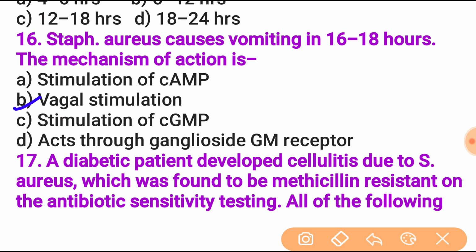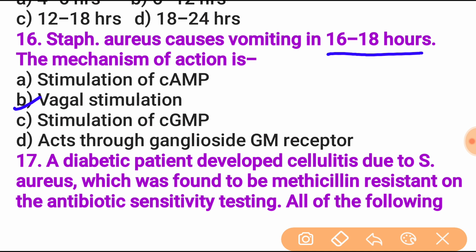The toxin directly stimulates the autonomic nervous system rather than having a local effect on the GIT.